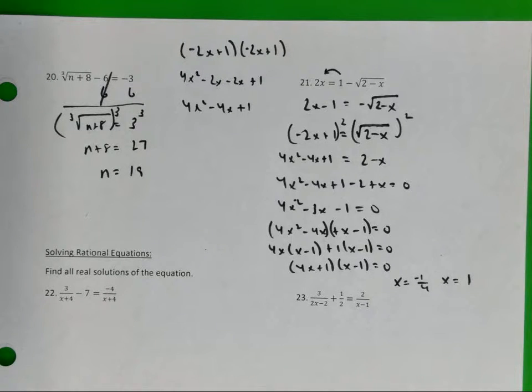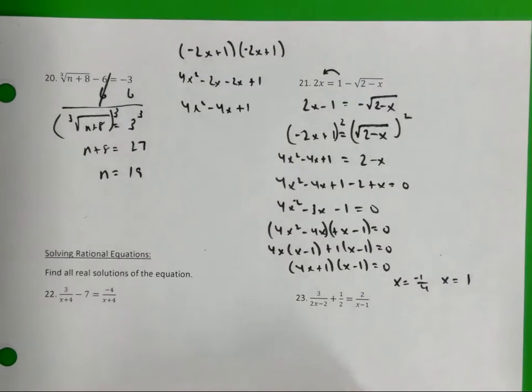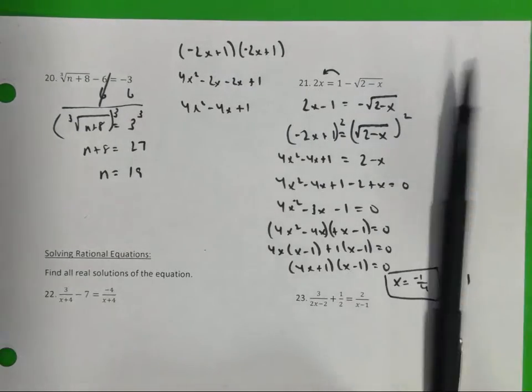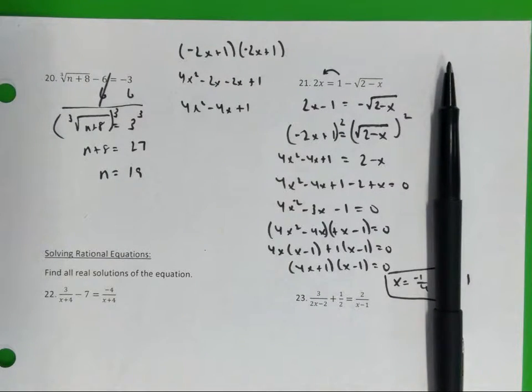Does anybody need me to come help you with your calculator? I want you to take a moment. That's as hard as a radical gets. It shows you one of each type. And if you need help with your group, that's why you're in a group.